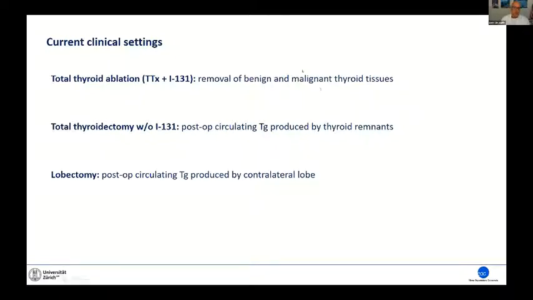And so we need to distinguish the use of thyroglobulin in patients treated with total thyroid ablation, that means total thyroidectomy and radioiodine, patients treated with total thyroidectomy without radioiodine. In these cases, we expect circulating thyroglobulin levels produced by remnants, and finally, patients treated by lobectomy, where the contralateral lobe remains in place and produces significant amounts of thyroglobulin.